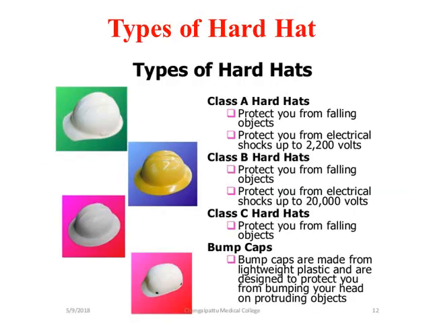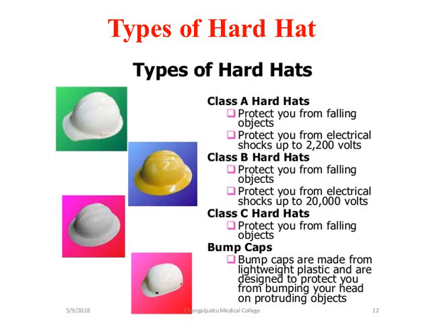There are different types of hard hats as shown. We have class A hard hat, class B hard hat, class C hard hat, and bump caps. We must know properly which type of hard hat to use for what purpose. Class A hard hats are used to protect from falling objects, and they also protect from electrical shocks up to 2200 volts.